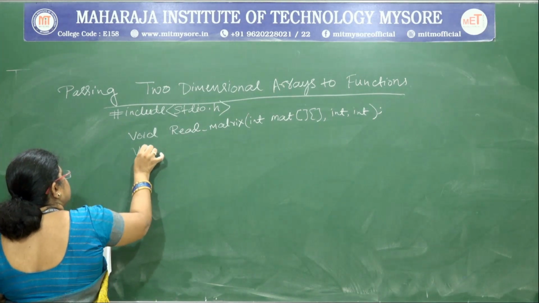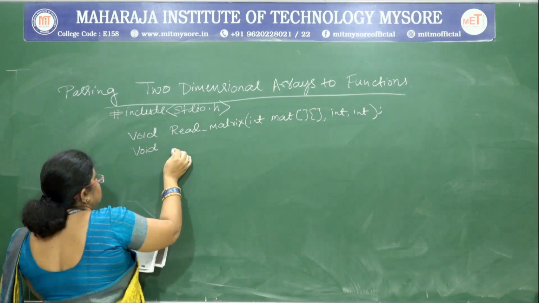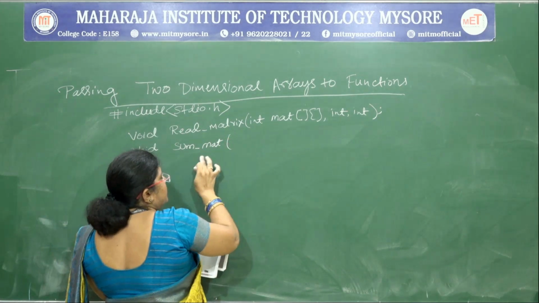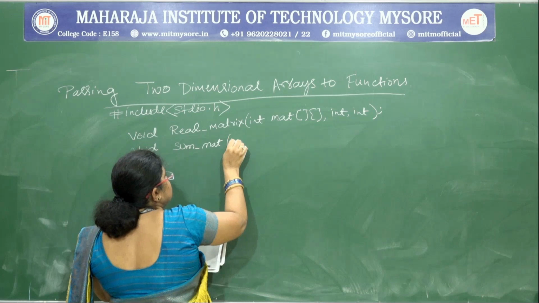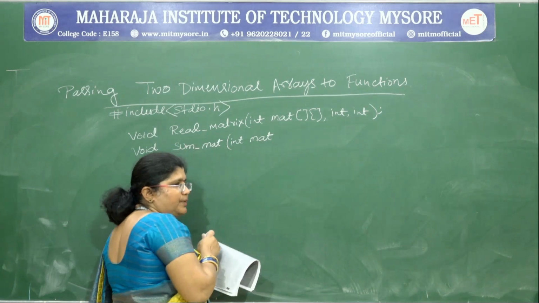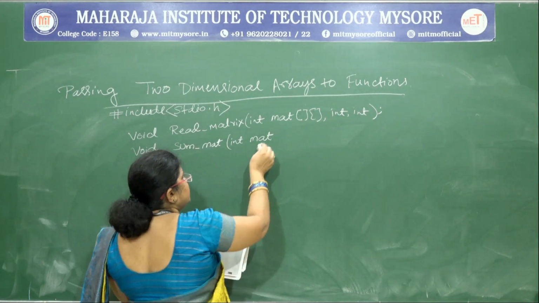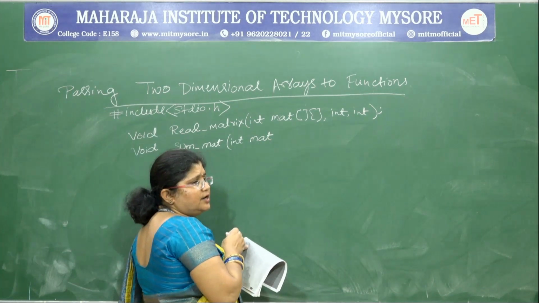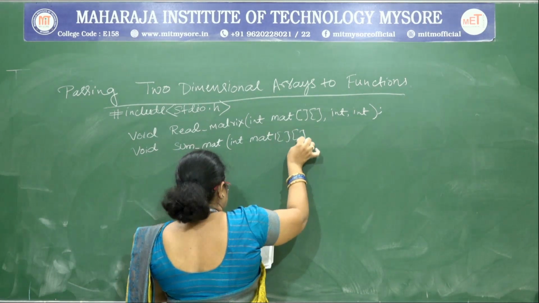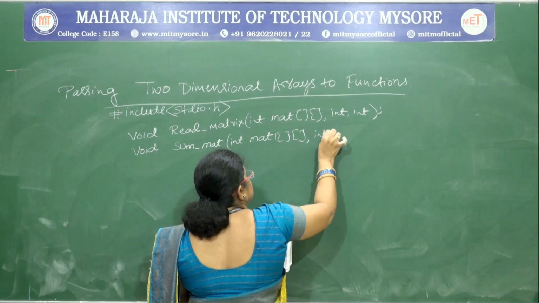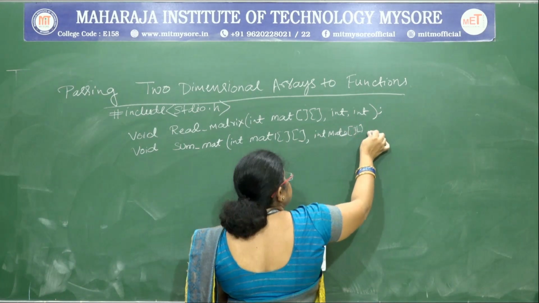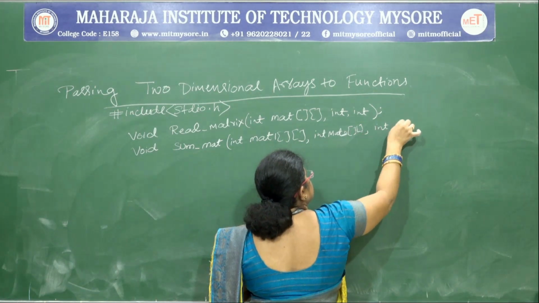The next function we are using here is void sum_matrix, and obviously we require passing parameters, that is, integer matrices. There are two matrices we have to pass, matrix A and matrix B. So inside the arguments we are going to have two matrices, matrix 1, matrix 2, and the size of the rows and columns, that is int.